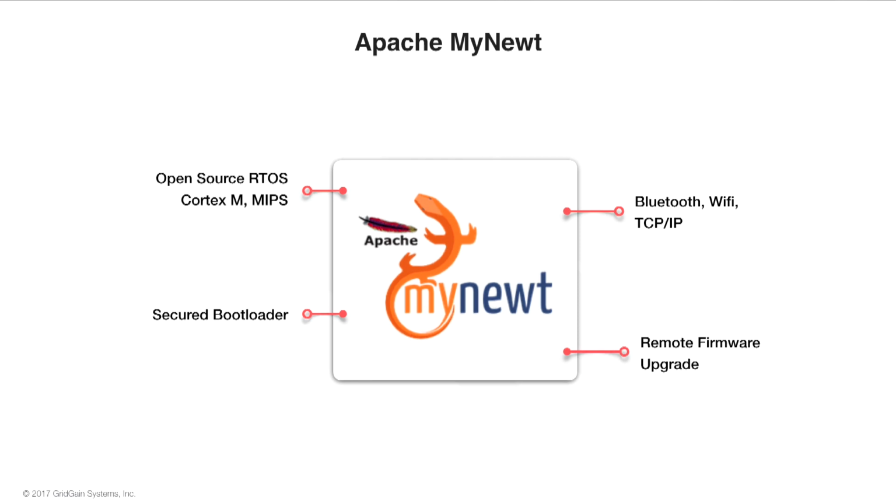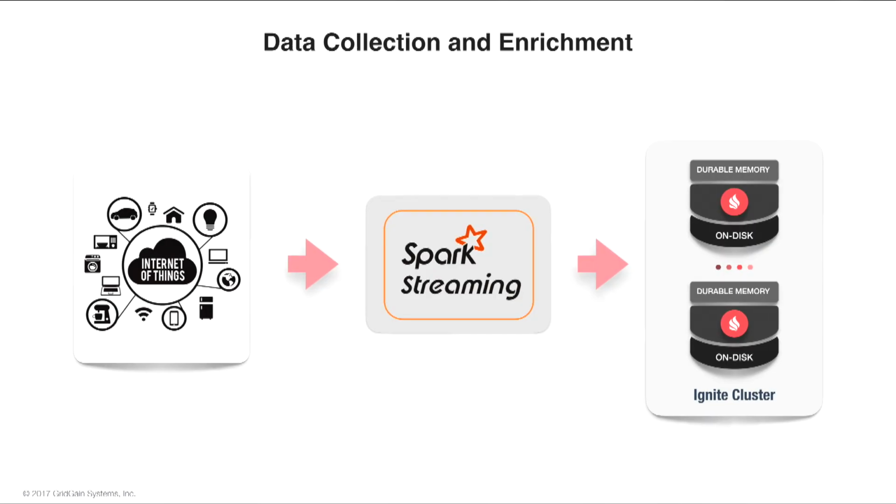Okay, once you install Apache MyNewt on your sensors, and once you created an application that, for instance, gathers temperature around, you can transmit it over the network to the next layer, which is the data collection and enrichment layer. And here, Apache Spark is probably one of the best options to use, because Apache Spark has the so-called Spark Streaming component.